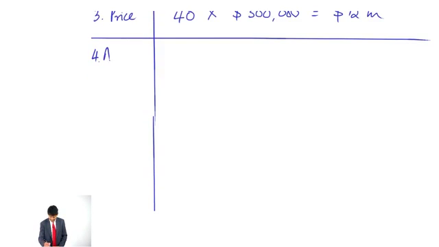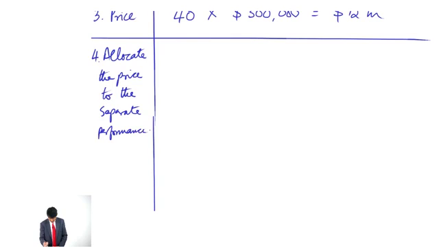This is where we must allocate the price to the separate performance obligations. Now, this is a little bit tricky. I better be careful. Make sure you grasp this first time.